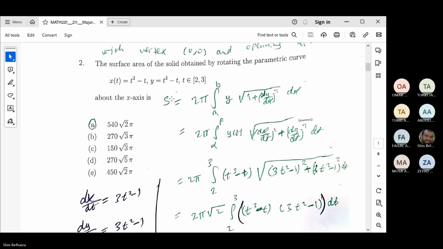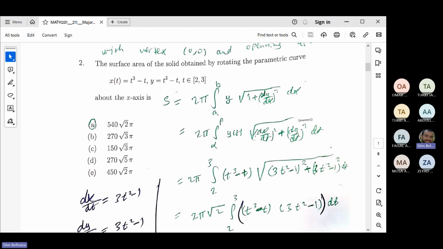If you rotate it about the x-axis, which formulas do we have to use? Of course, the radius is going to be y. So we'll use the integration from a to b, 2 pi times the radius times the square root of dx over dt squared plus dy over dt squared, what you see here in the second line.